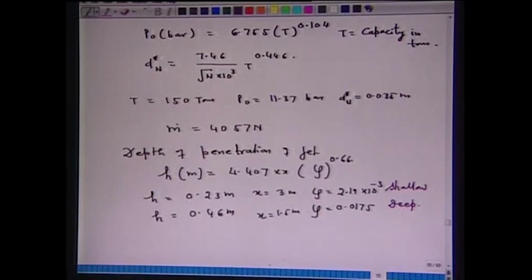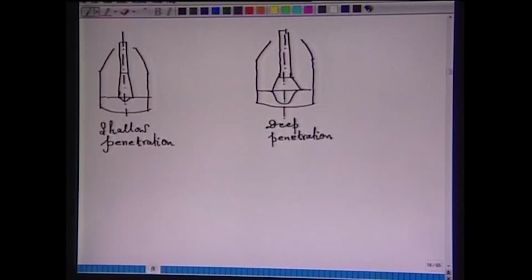And this shallow and deep penetration I have shown in this particular figure, where you note that this is the profile of a converter, this is the lance, and this is the oxygen jet.